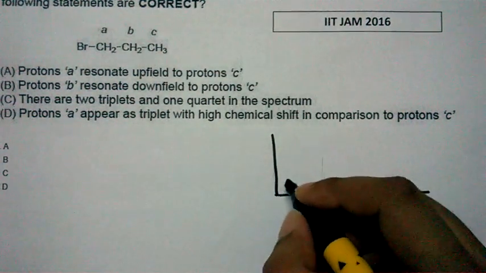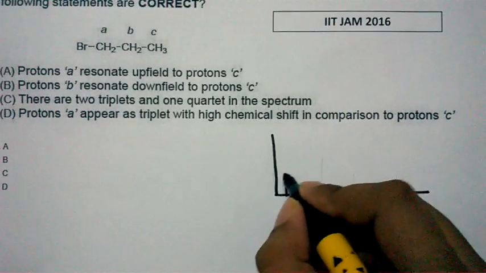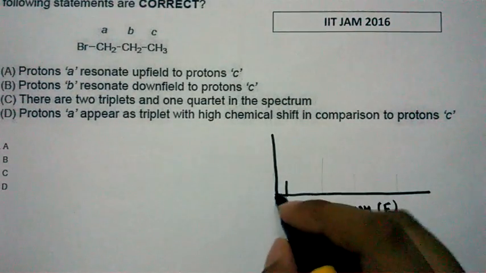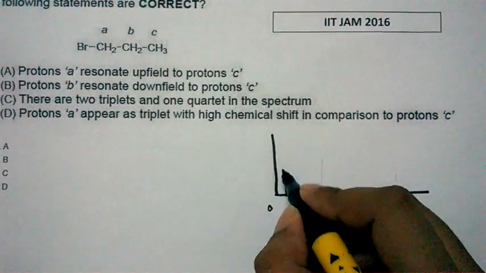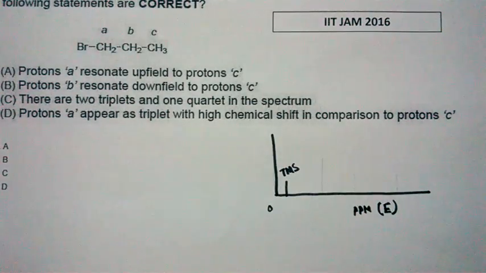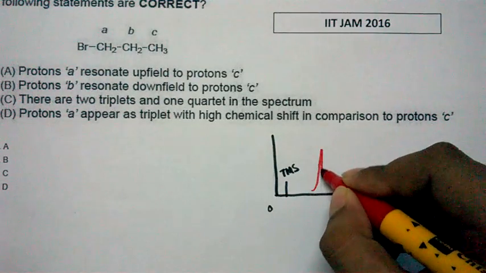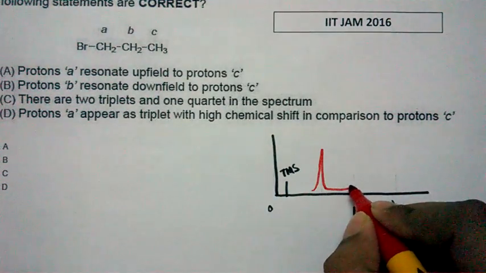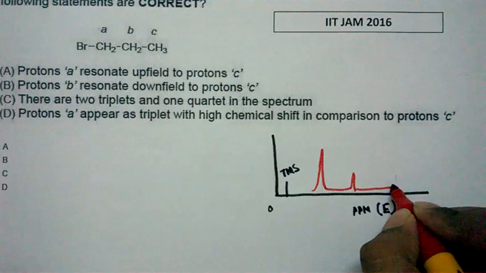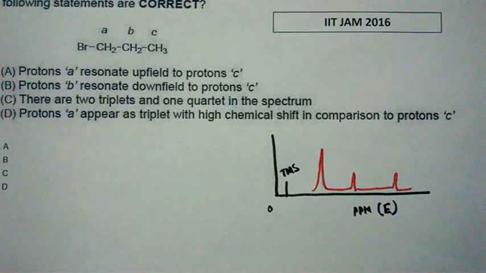You would have a reference peak very near to 0, which you call the TMS peak, and then other peaks: a peak over here, and then a peak somewhere here. So what do we mean by downfield and upfield?